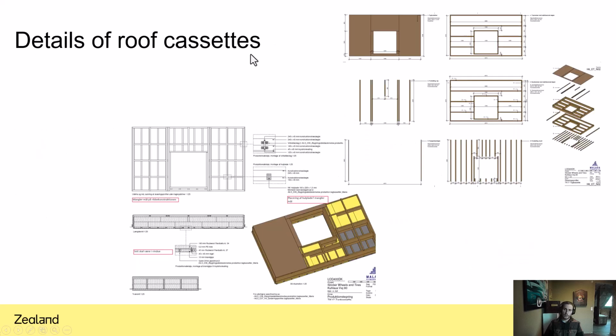So when we talk about the roof cassettes here, some people say it's tricky. I don't think so. It's just a challenge at some points. It has a lot of different parts in it, but also it's the most exciting part.